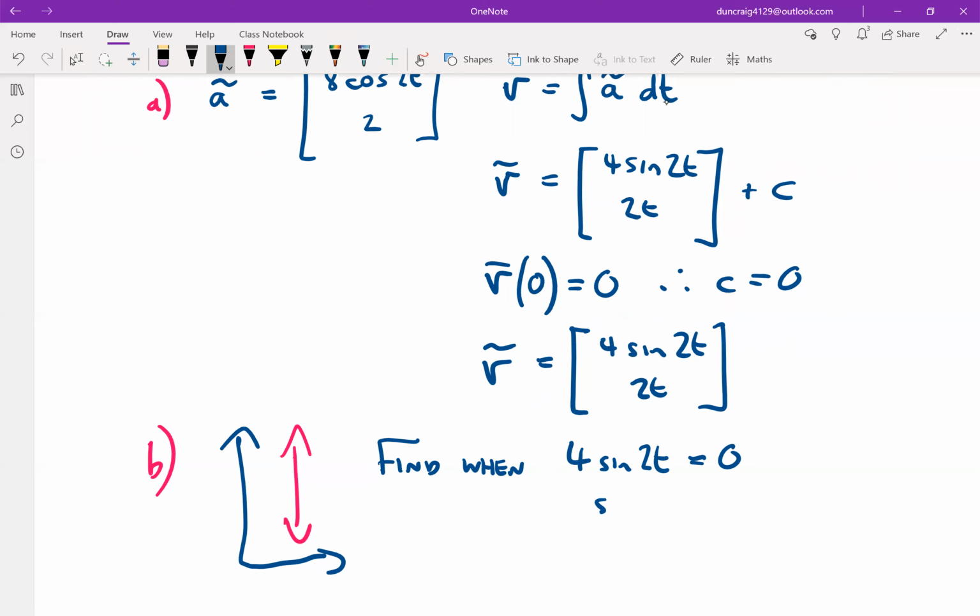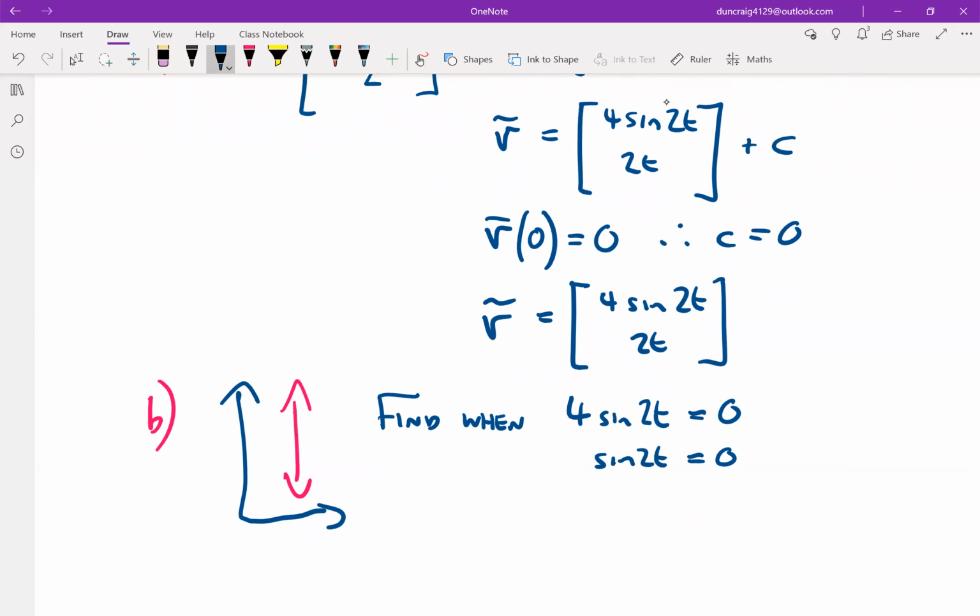That means when sine 2t is equal to 0, so what values of 2t give us sine equal to 0? Well, sine of 0 is equal to 0, so we get 0, pi, 2 pi, and so on. So that means t is equal to 0, pi on 2, pi, and so essentially every pi on 2.